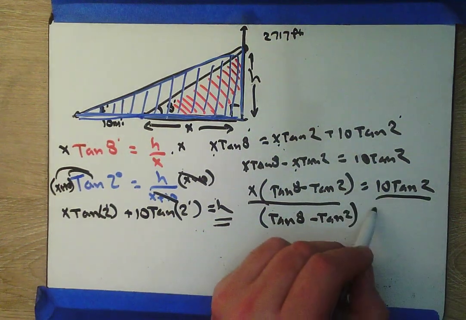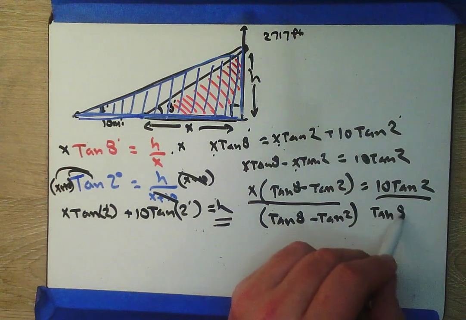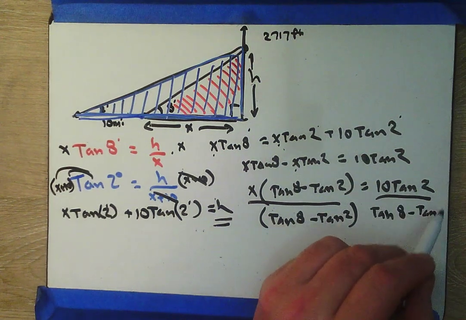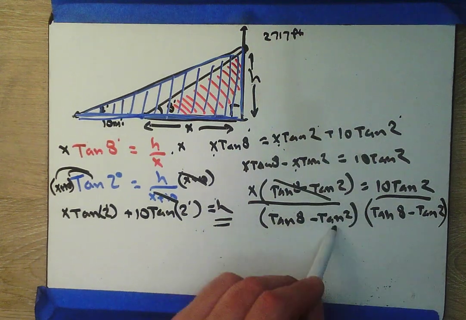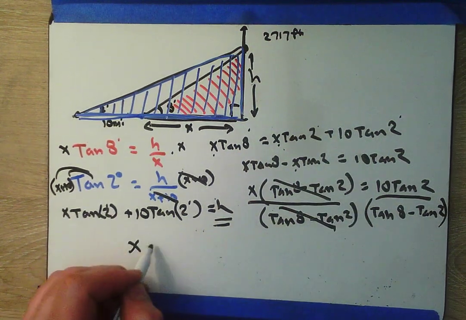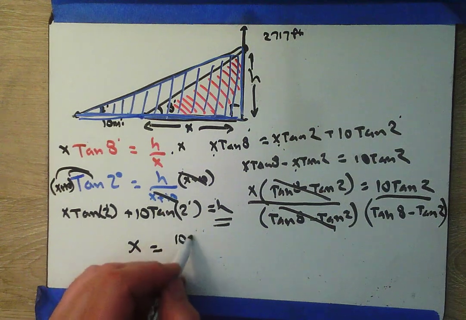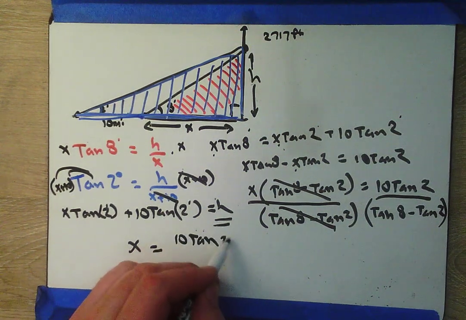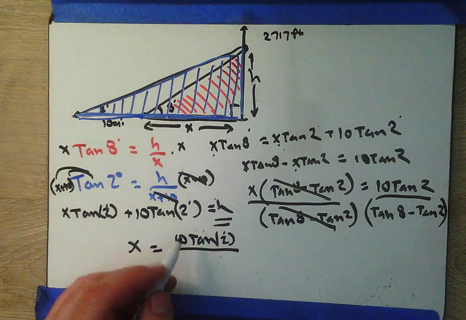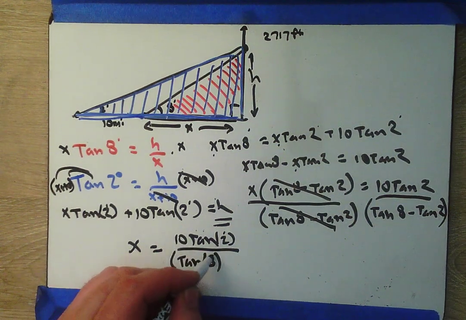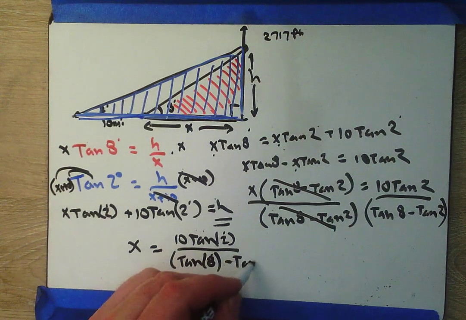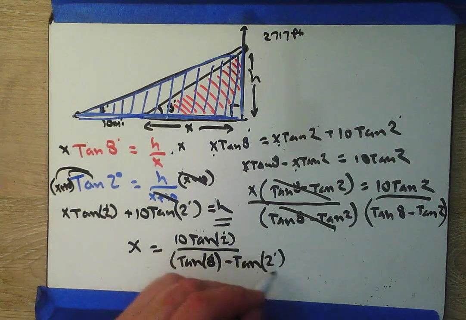I'm going to ask you all to take out your calculators now so that we can make sure that you can type this into your calculator properly. x equals 10 tan 2 over tan 8 minus tan 2.